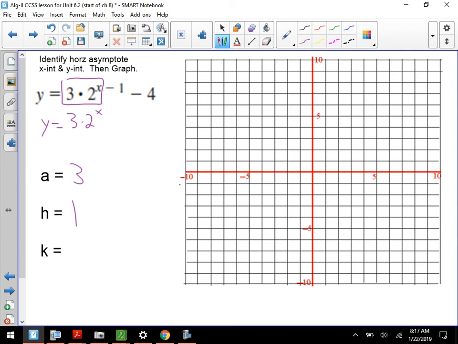So that means our k value is -4. That tells me for every point that I plot for the parent function, I have to move it to the right 1 and down 4. Okay? Does that make sense? It's the easiest way to do these things. That's why we plot our parent functions. So we know that if I use the parent function through -2, -1, 0, 1, and 2, 2 to the -2 is 1/4. So it's 3/4. Okay with that?